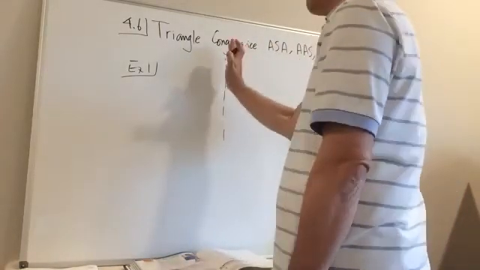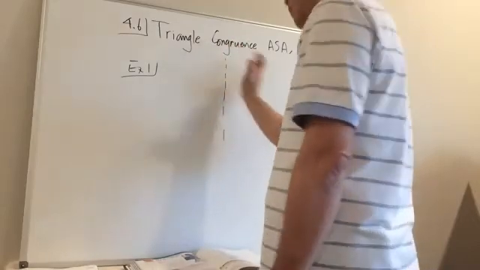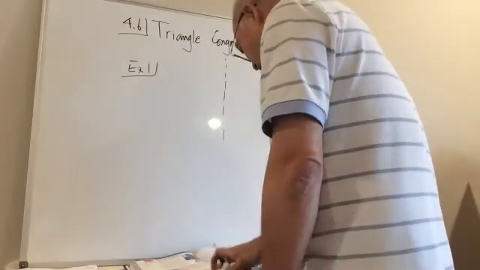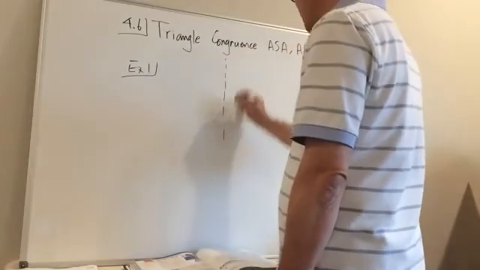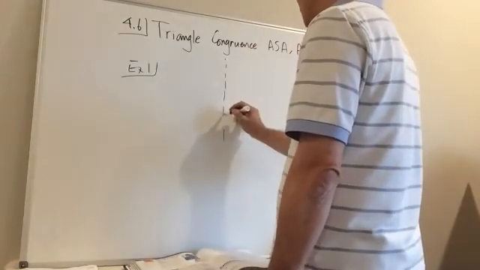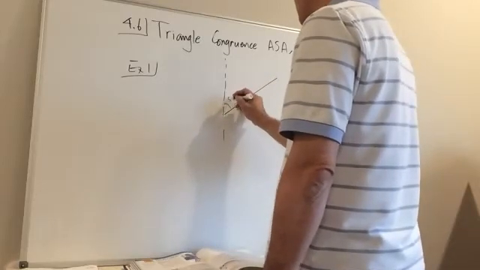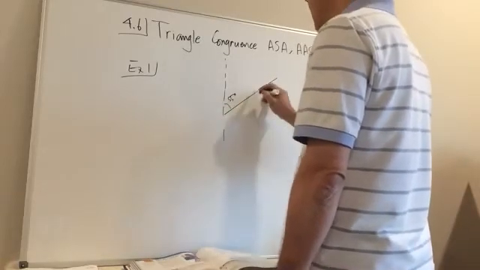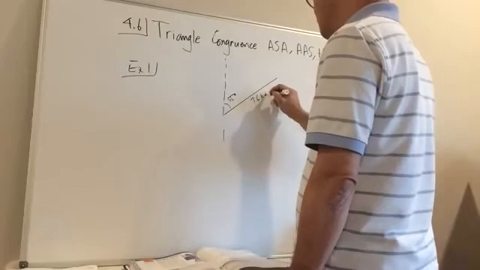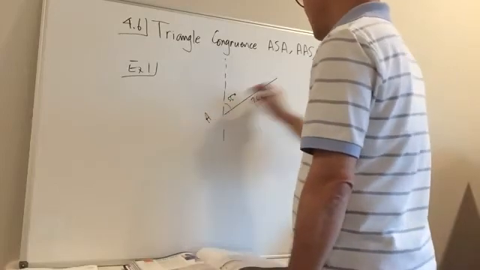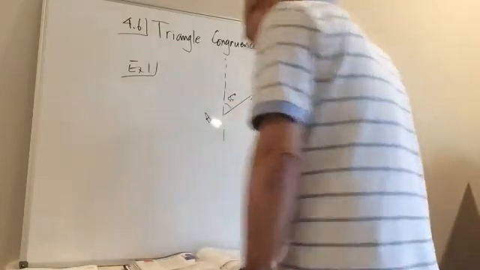You go from north and measure the angle, so north 55 east means going east at 55 degrees. It's going to look like this, where this angle is 55 degrees, and this is 7.6 kilometers. This is A, this is B.